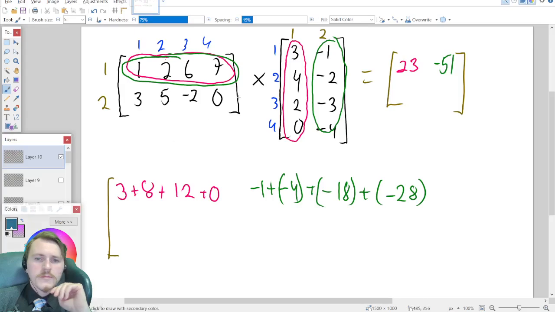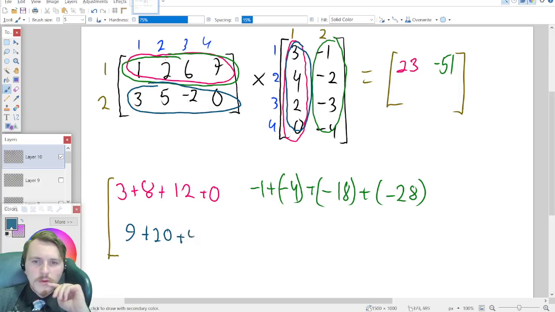Next up. Ooh, this is a cool color. Second row, first column. 3 times 3 is 9, plus 5 times 4 is 20, plus -2 times 2 is, oops, not 4, -4, plus 0 times 0 is 0.